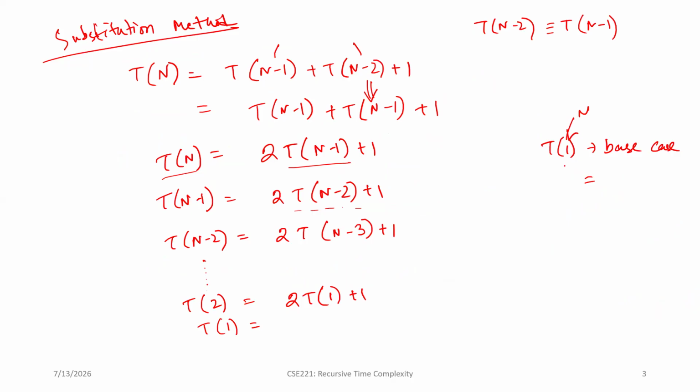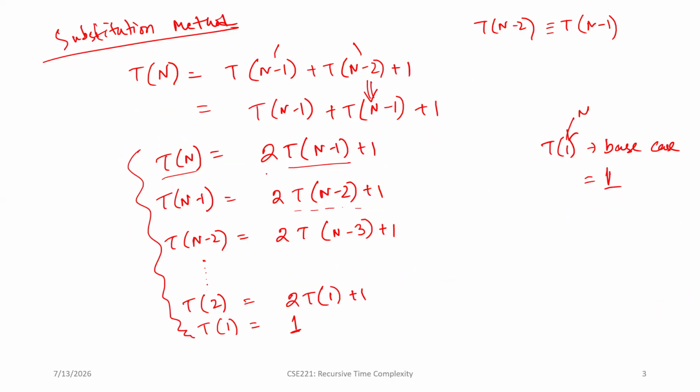From that, we say the time complexity of base case is constant 1. So in this series derivation, we write T of 1 is 1. So we have all these as information, and now we will use these to find the actual value of T of n. Okay.